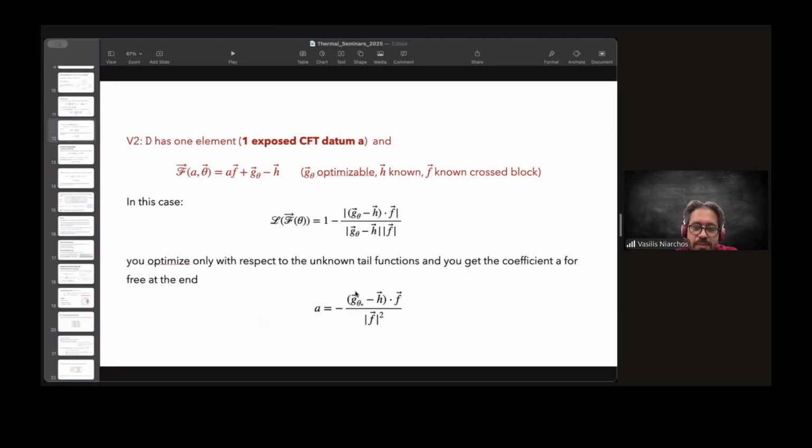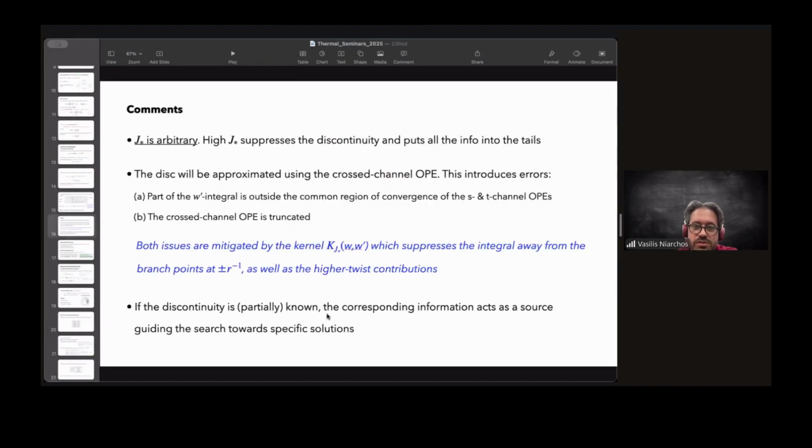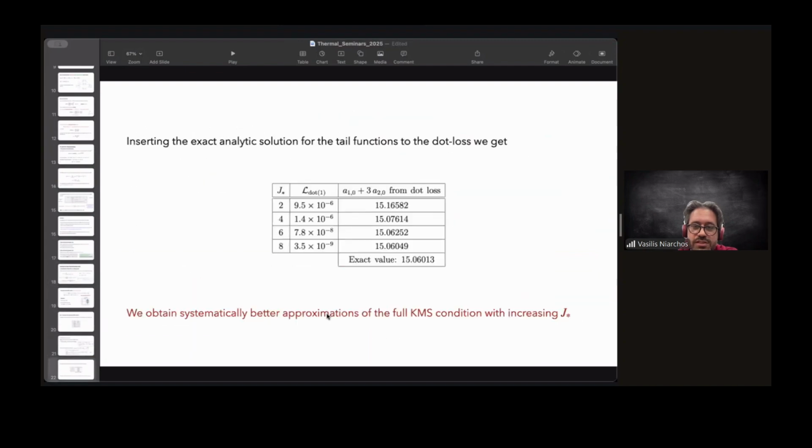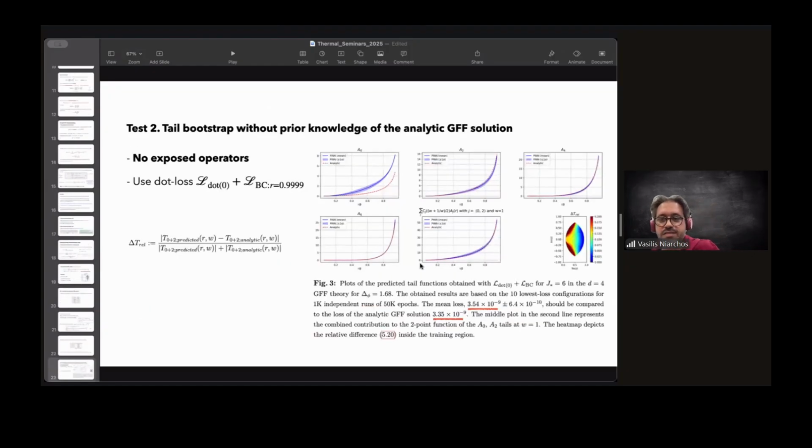So by using the analytic solution, I'm determining this part of the crossing equation, the F's, the H's, everything is known, and I'm using this equation to determine the unknown exposed one-point function. And you can see that the values I get very quickly converge to the analytic one, which is 15.06. So this is a clear signal that these equations are okay, and you can systematically control the error.